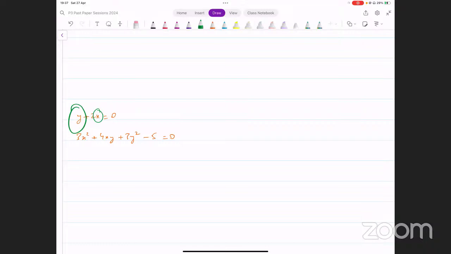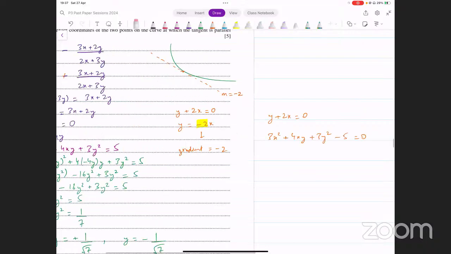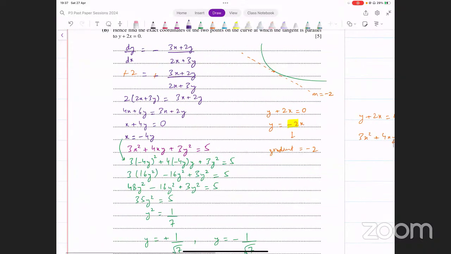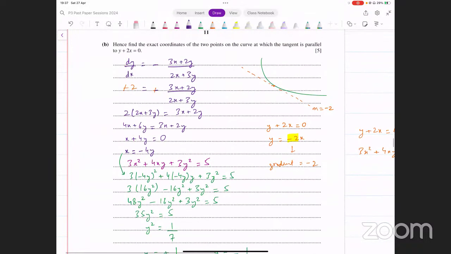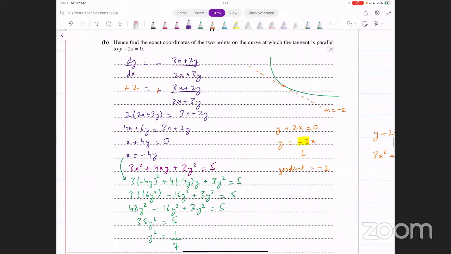Sir, but I cannot understand why did you take the gradient out of it and equate it to dy by dx? Because that's what they're saying. They're saying this point on the curve is supposed to have the same gradient as this line. How do you find gradient of a curve? Using derivative. We've got the derivative here. How do you find equation of this line?